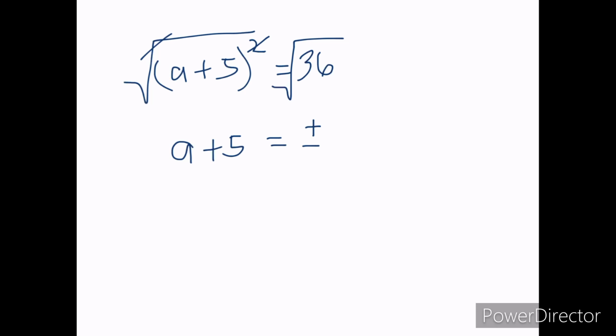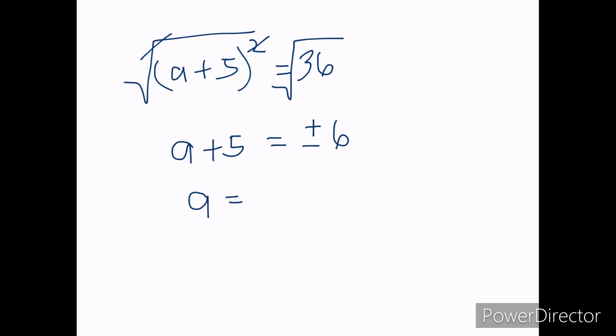Next, transpose positive 5 to the other side. So a is equal to, transposing positive 5 after the equal sign, it becomes negative 5, positive negative 6. Then simplify. We use first the positive 6 to get the value of a. So a is equal to negative 5 plus 6.